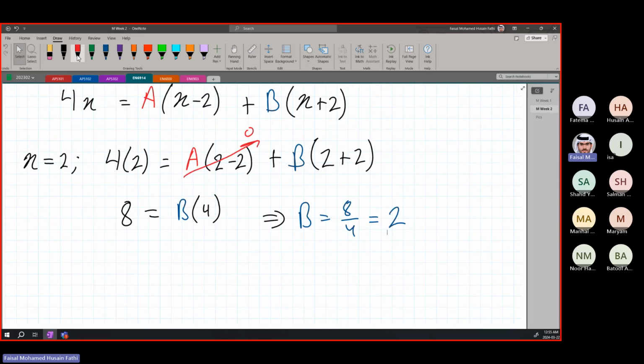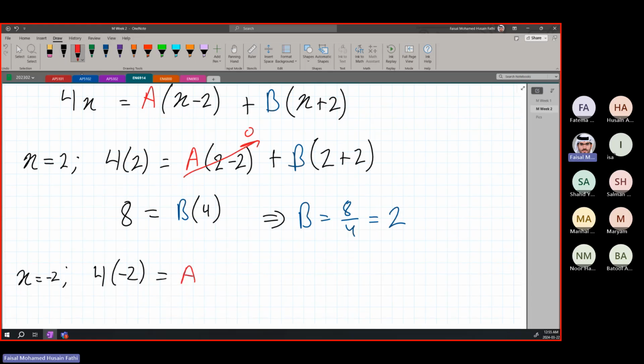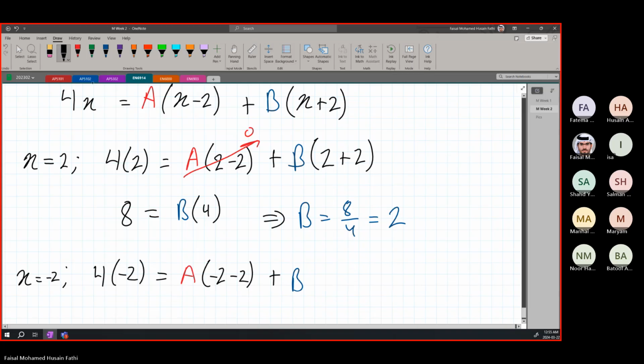Same exact thing you will do for a. You want to cancel it out. Minus 2 will cancel this out, so x equals minus 2. 4 into minus 2 is equal to a into minus 2 minus 2, just substituting minus 2 for x, plus b into minus 2 plus 2.